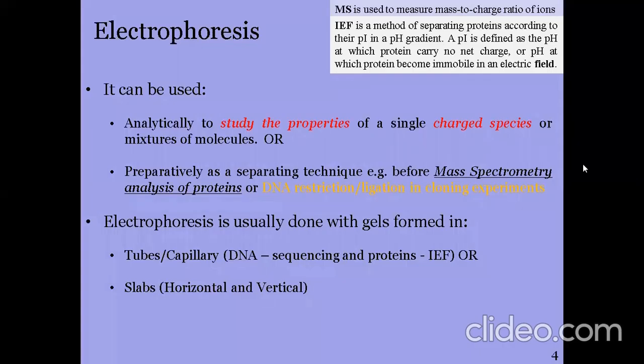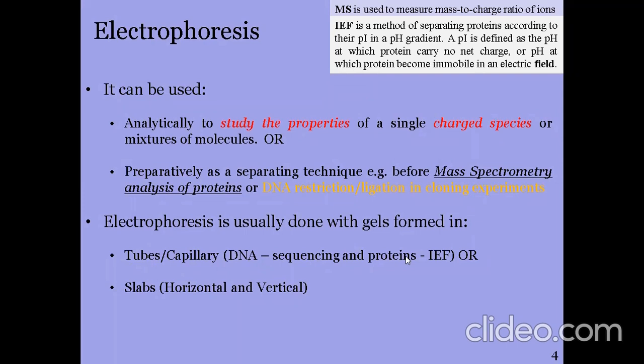So now it's okay. So what I'm talking about is that electrophoresis is actually done using gels made in capillary tubes. We use gels that are present in the capillary tubes.